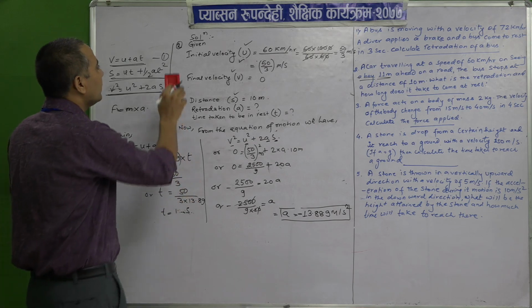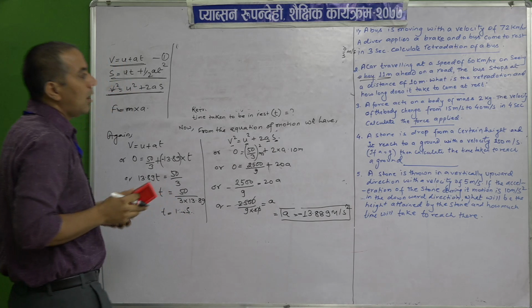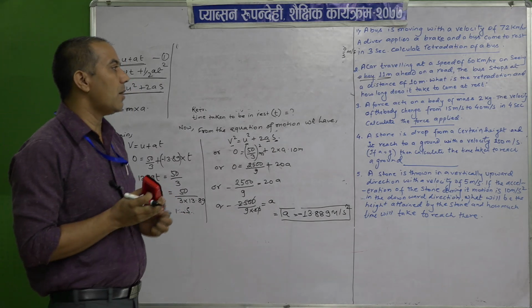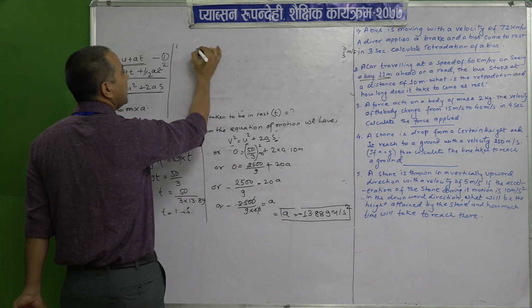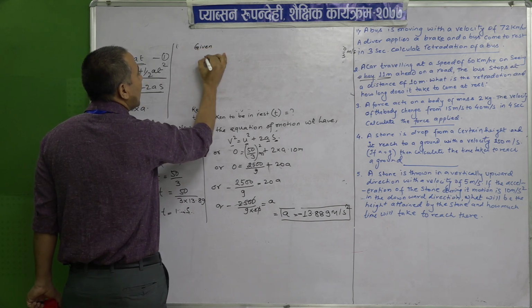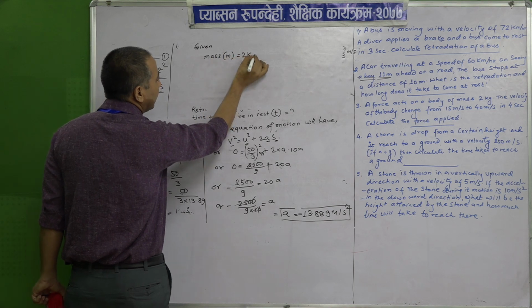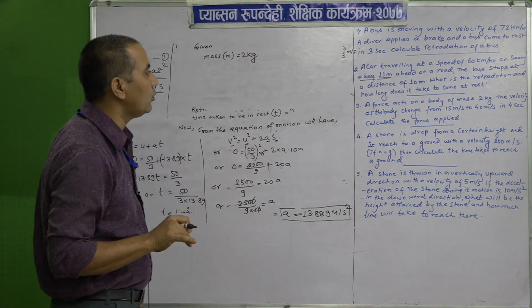Let us try another one. Third question: a force acts on a body of mass 2 kg, so mass m equals 2 kg.